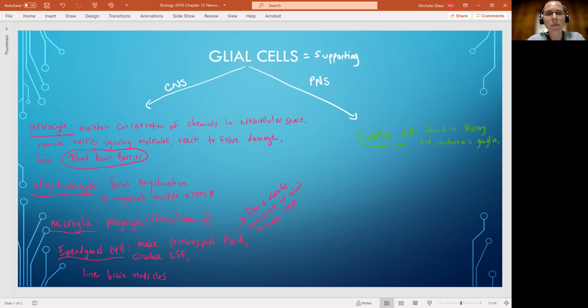We've defined the term ganglia as the collection of cell bodies in the peripheral nervous system. So the satellite cell is kind of doing for the peripheral nervous system neuron what the astrocyte does for the central nervous system neuron. They're going to surround cell bodies.